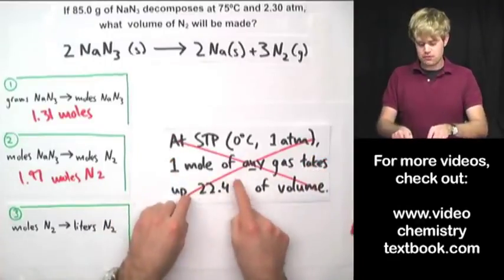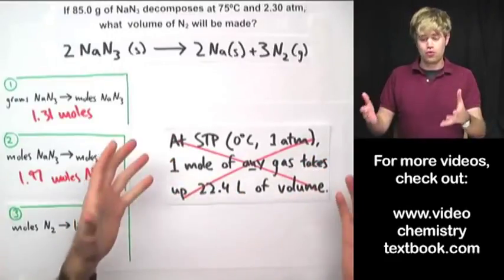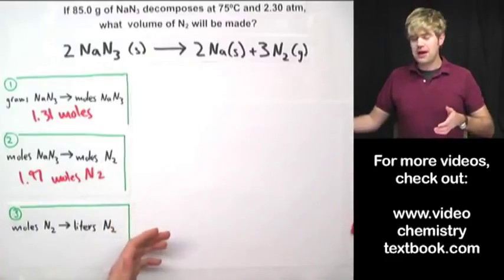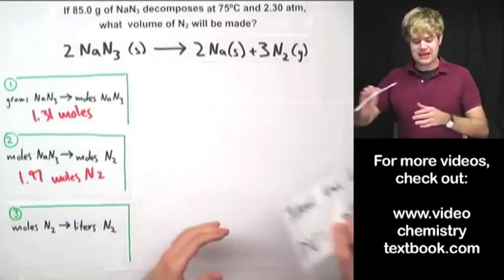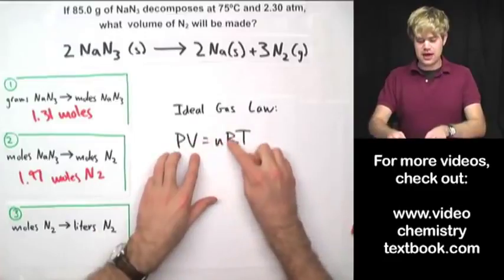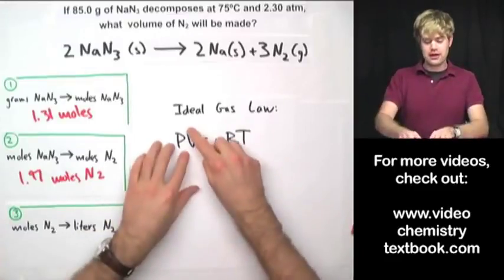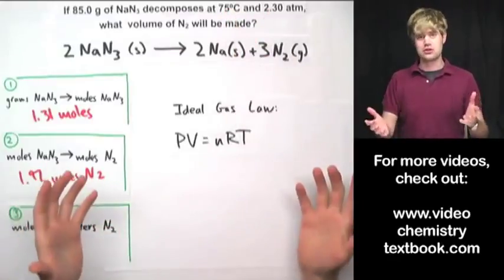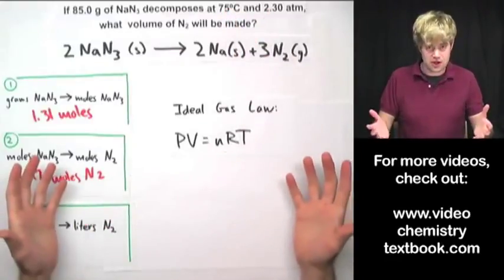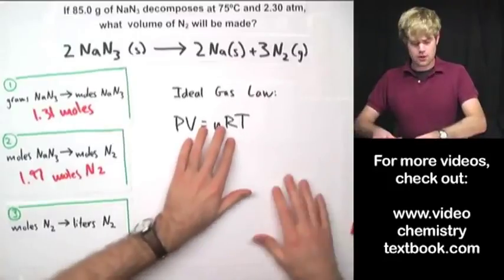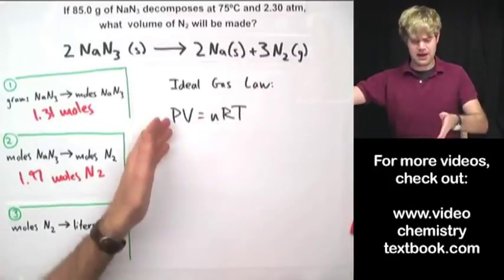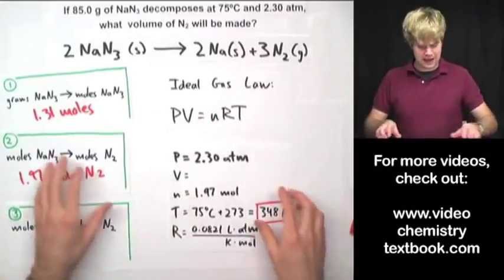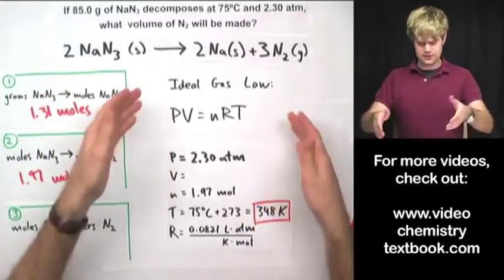Because I can't use this 22.4 liter rule, instead, I'm going to have to use the ideal gas law, PV equals nRT, which lets me calculate the volume of a gas sample under any conditions, not just under STP. So I'm going to take my ideal gas law and plug the various variables into it.